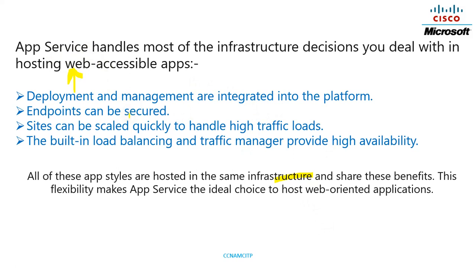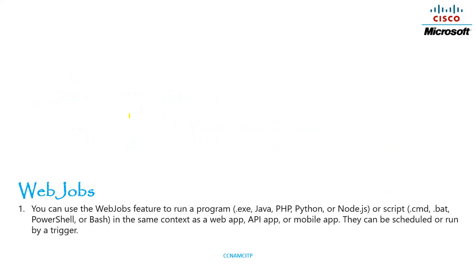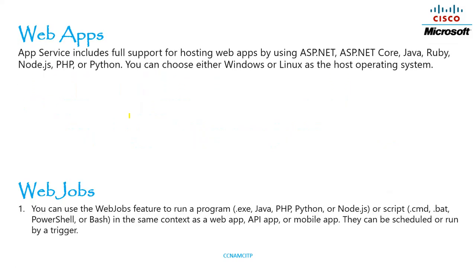Now let's talk about type of services. So here I messed up, not an issue. So the first one is web apps. So guys, app service includes full support for hosting web apps.